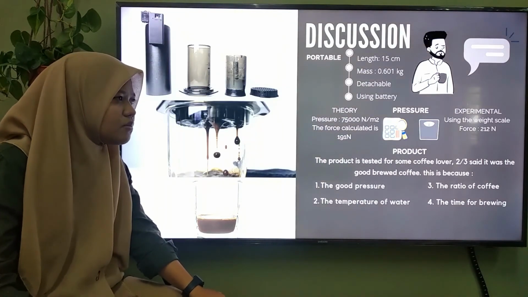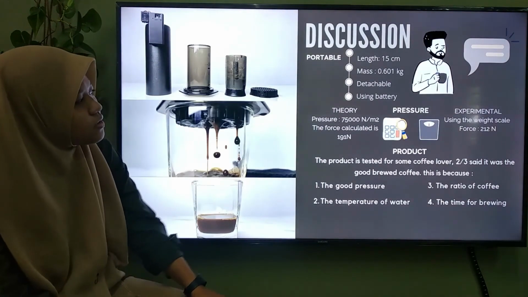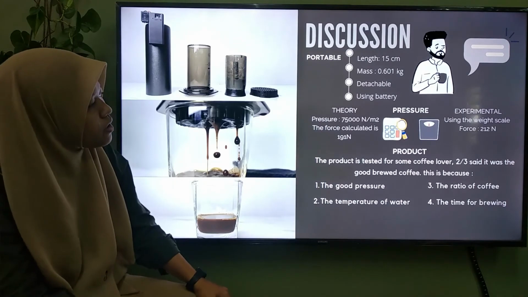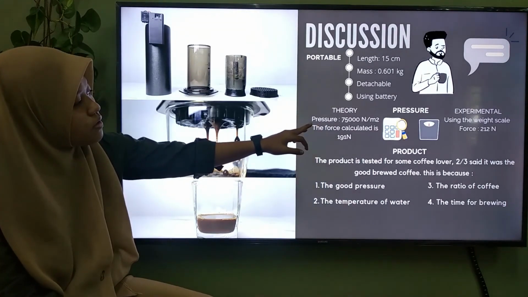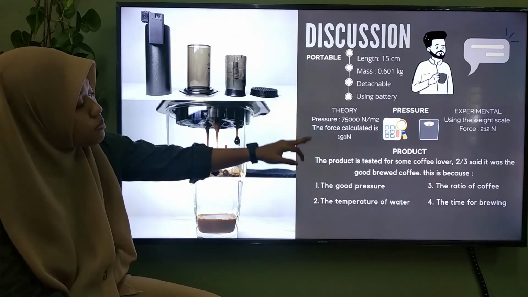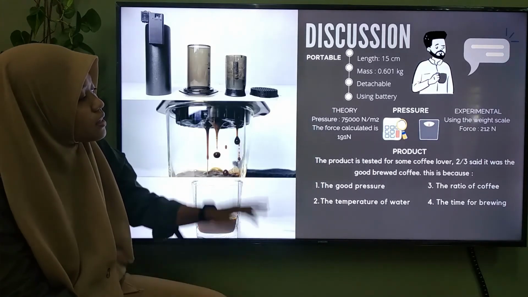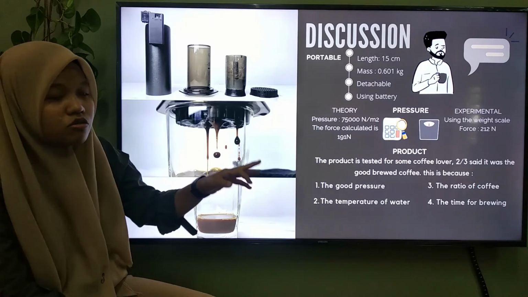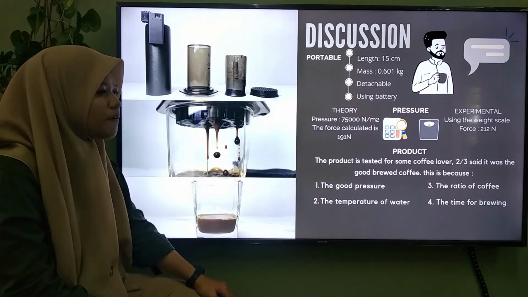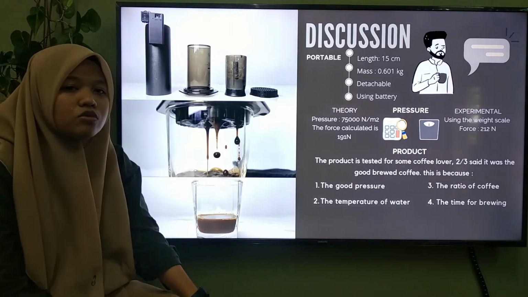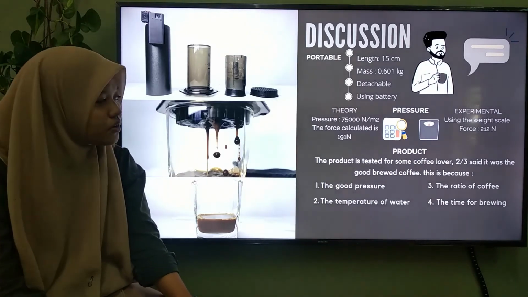So I do a comparison between the theory and the experiment. The pressure produced is 75,000 Newton per meter square. So the force calculated is 191 Newton. The force can be calculated with the formula: pressure equals force over area.